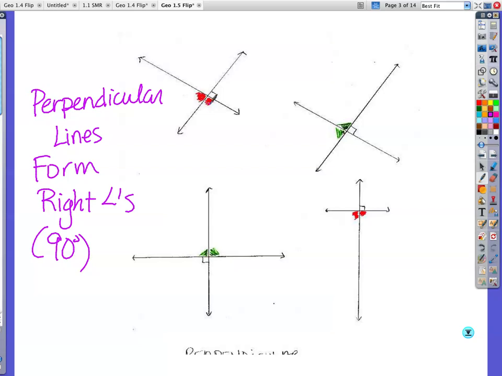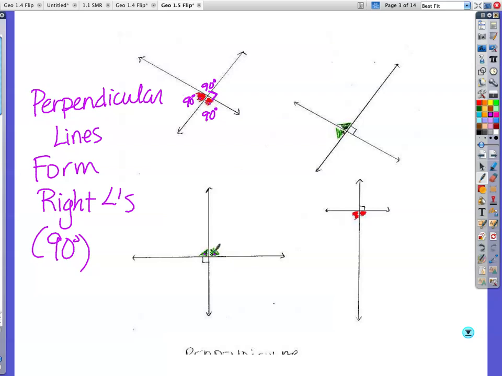So if you look at this red one and this red one, those are each going to be 90 degrees. And the reason I know that is because I have a right angle marking right there. Generally, if you don't have a right angle marking, you cannot tell me it's 90 degrees unless you have a situation like this. I have a right angle here. That means this has to be 90, this has to be 90, this has to be 90. All 4 angles have to be 90 in that case.